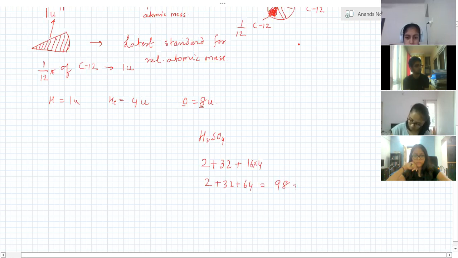Please remember to suffix it with U. This U means it is 98 times as heavy as this piece. And what is this piece? This piece itself is 1/12 of carbon isotope 12. And this U is not grams, this U is not kgs. This U is called unified mass.